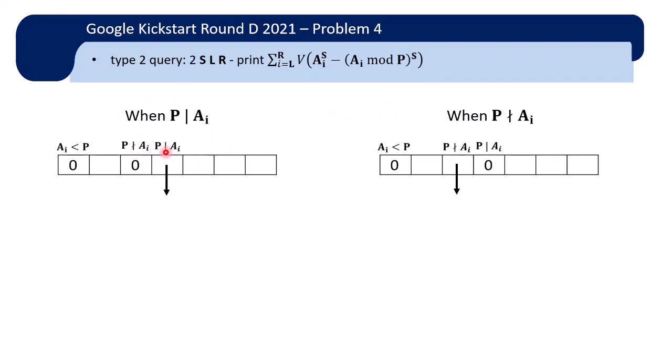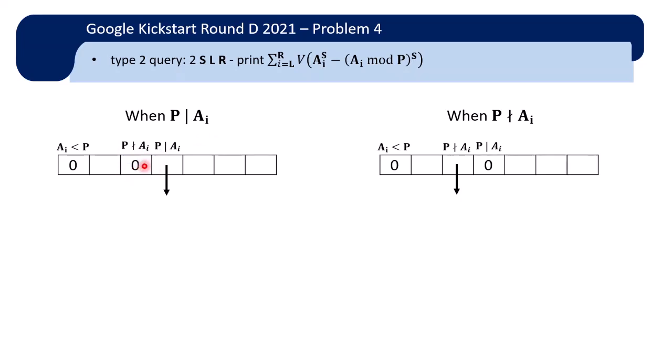One segment tree will be used for when the prime divides the element, and the other for when the prime doesn't divide the element. The way we'll do it is as follows. You have the element in your array. If that is divisible by the prime, you store the value you want to calculate in the first segment tree, and in the other segment tree you store the value 0. On the other hand, if your element is not divisible by p, you store the value you want in the second segment tree, and in the first segment tree you store 0.